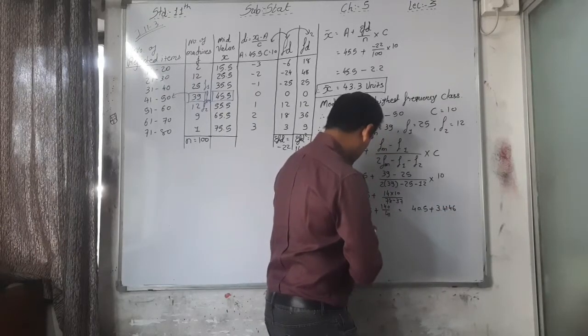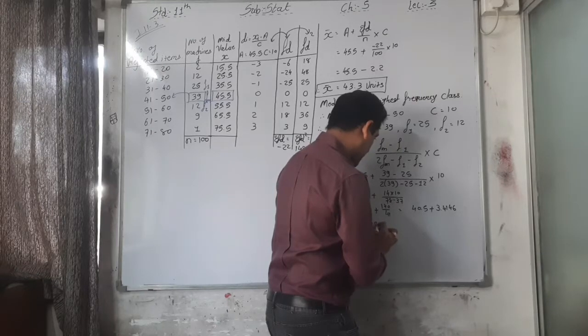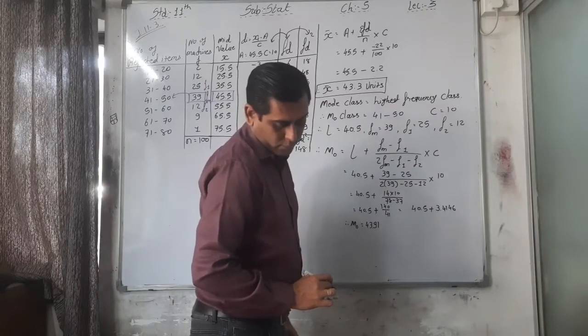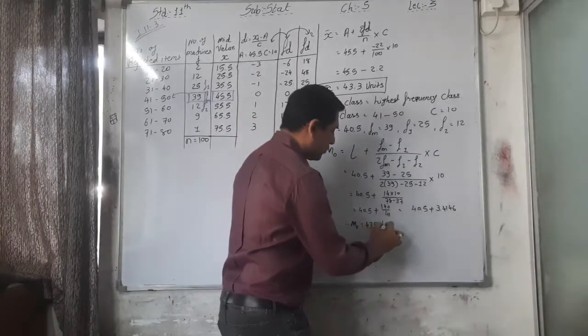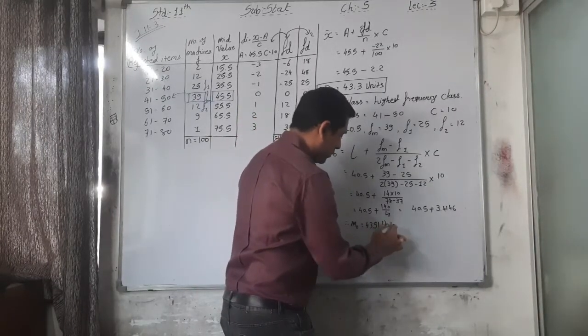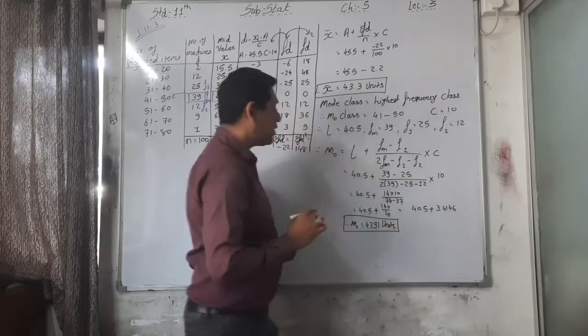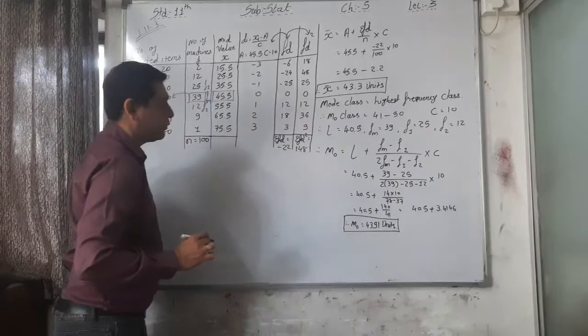Therefore, you can say mode is equal to 43.91 units. This is the answer of mode.